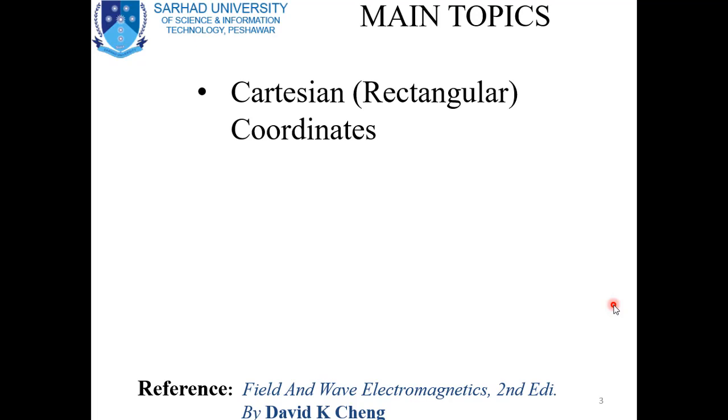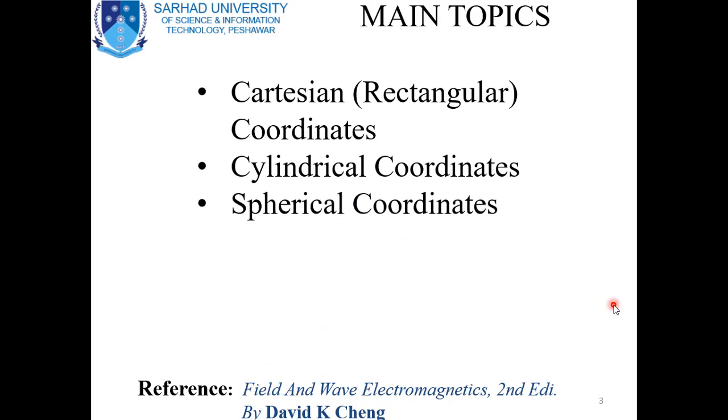In the previous lecture we discussed the generalized coordinates, and now in this lecture we will study the specific coordinates. The first topic will be the Cartesian or rectangular coordinates, and then we will study the cylindrical coordinates, and the spherical coordinates will be the last topic of this lecture.